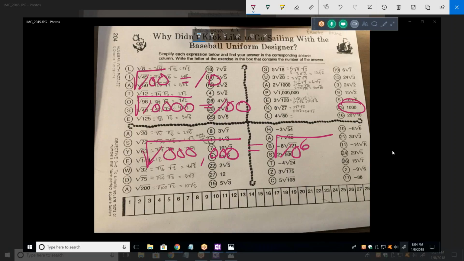There's 6 zeros. And that would be the square root of 10 cubed times the square root of 10 cubed. Well, 10 cubed is 1,000. So the square root of 1,000 times the square root of 1,000 is 1,000.